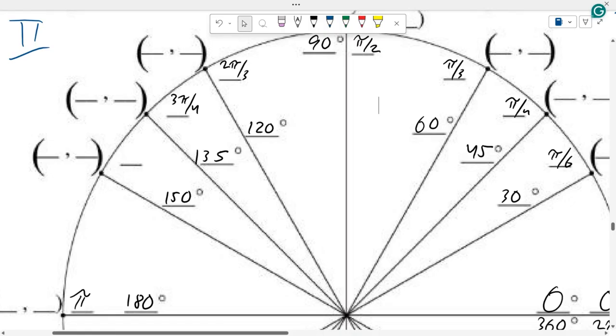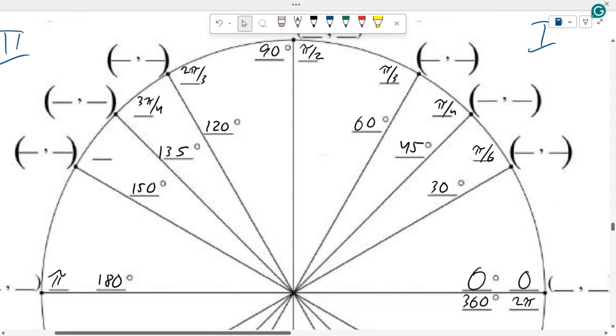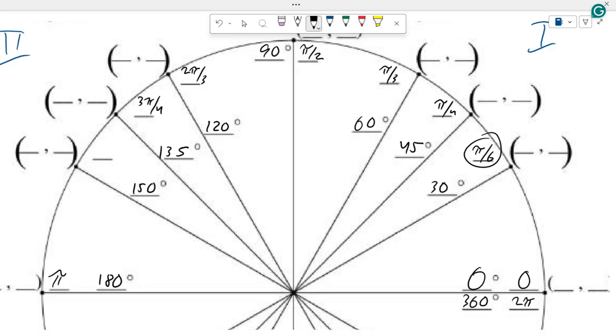For the other angle in quadrant 2, if I look at this angle over here in the first quadrant, pi over 6, and add another sixth, I get 2 pi over 6, which is here. 3 pi over 6 is here. 4 pi over 6 is here, and then 5 pi over 6 is there.